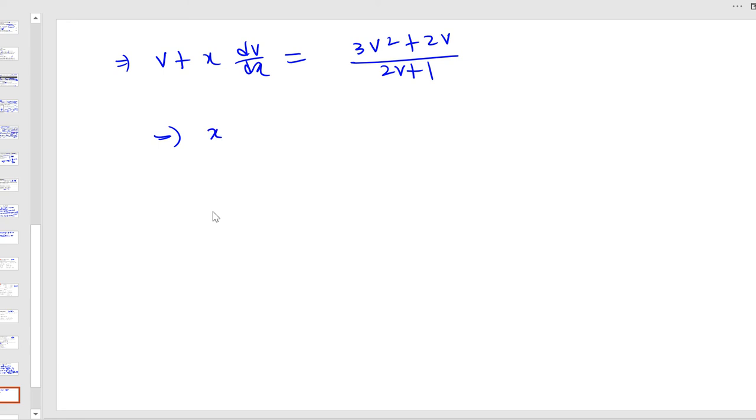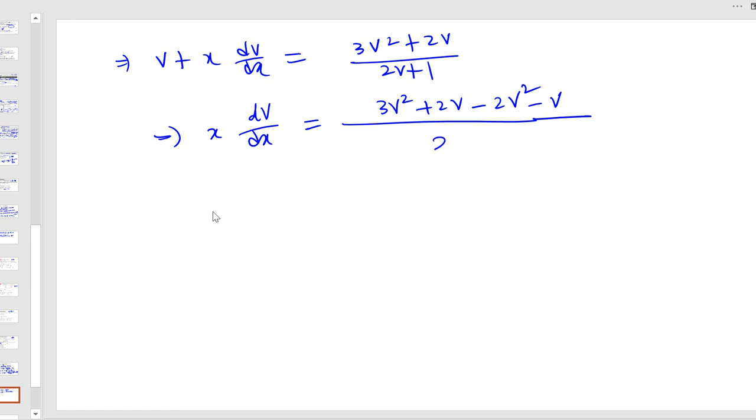Let us try to separate them. If you take it here, you will get 3v square plus 2v minus 2v square minus v, and the denominator will be 2v plus 1.